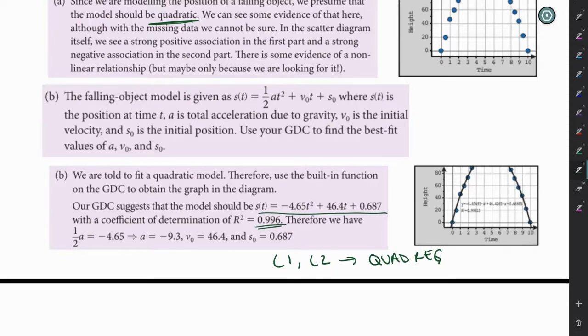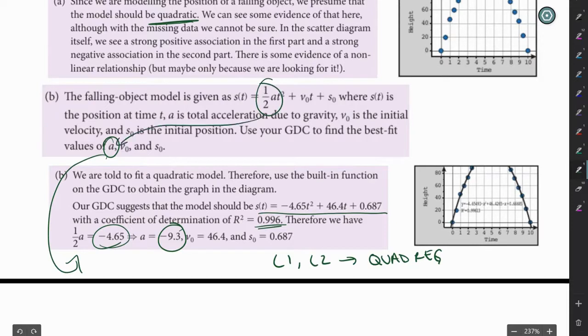So that means 1/2 a is equal to negative 4.65, but we want a, so we have to double that. So that's where we have to be careful because we want to find a. So this is a 1/2 of a based on the model, so we have to double it. The other two, v sub 0 and s sub 0, we can just pull straight out of the model.